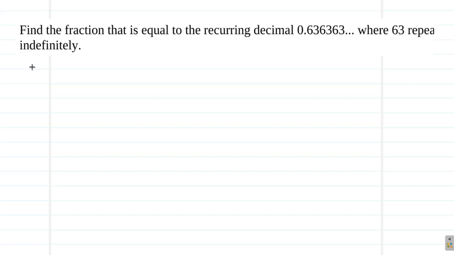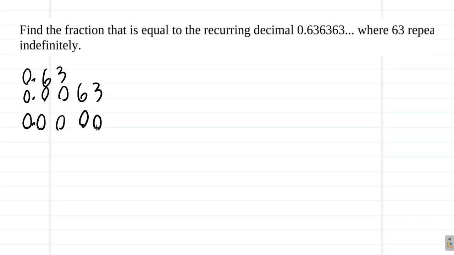Now, you see the 0.636363. You can write it as 0.63 plus 0.0063. Now these two will give you 0.6363, but you have some more 63s there. So you add 0.000063.